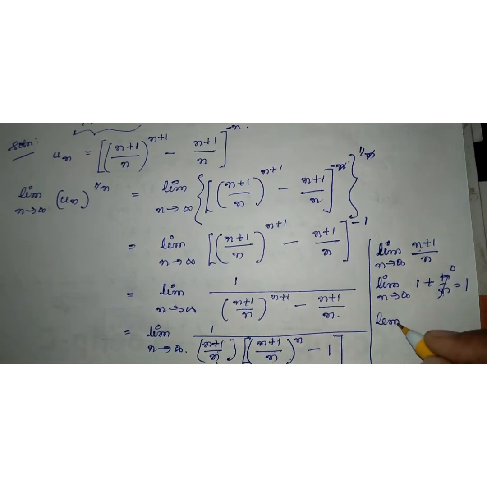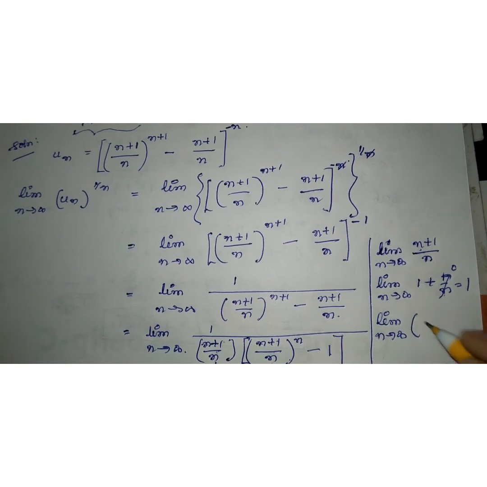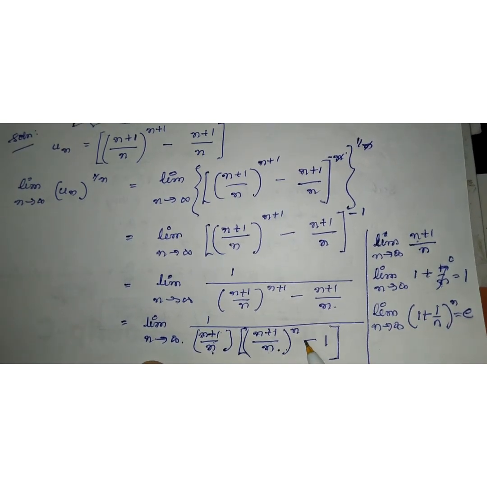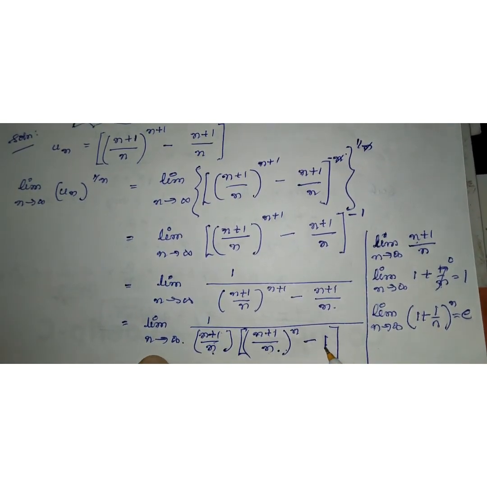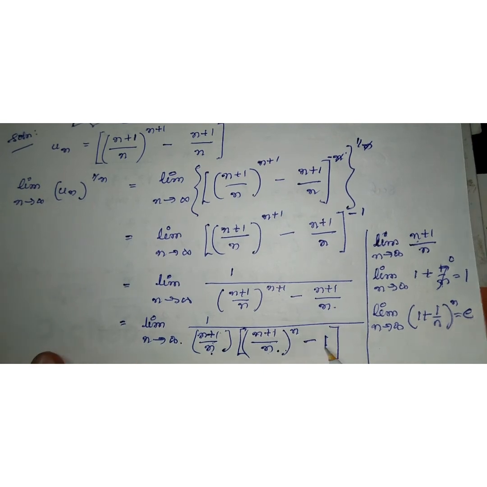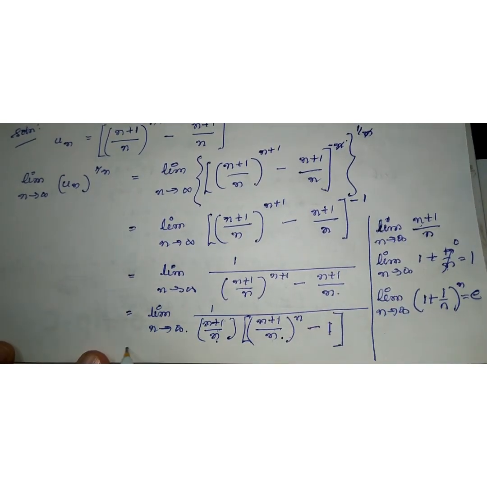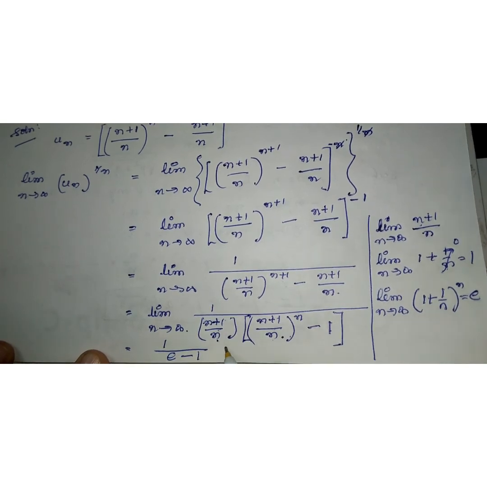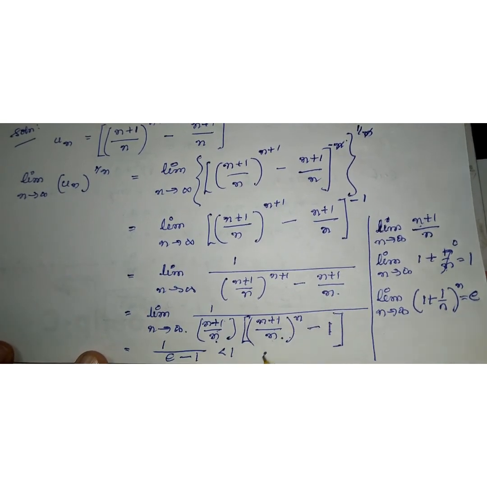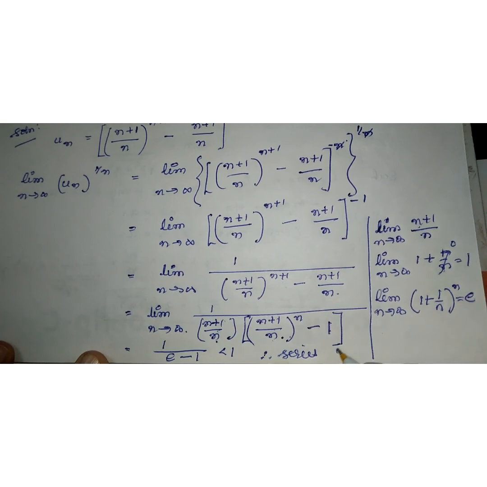There again you can write the formula, limit n tends to infinity (1 plus 1 by n) whole power n is equal to e. So this is e, and the limit 1 is a constant, so it remains as it is. So here it is 1 by e power (e minus 1), which is less than 1. Therefore the series converges.